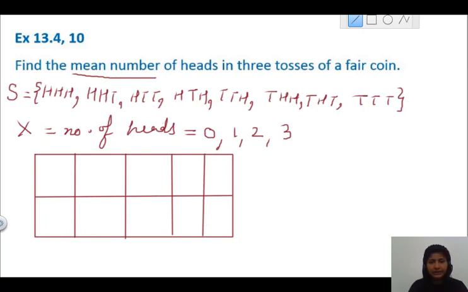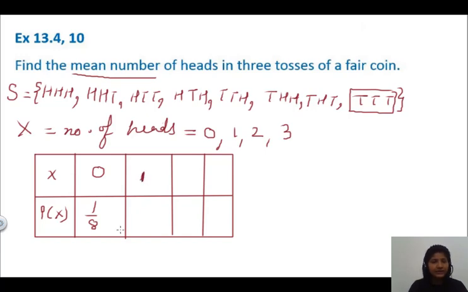Okay. Now let us write the things in it. Here x and here the corresponding probability of the random variable x. When x is 0, that means there are no heads. The only favorable outcome is tail, tail, tail, so the probability is 1 by 8.